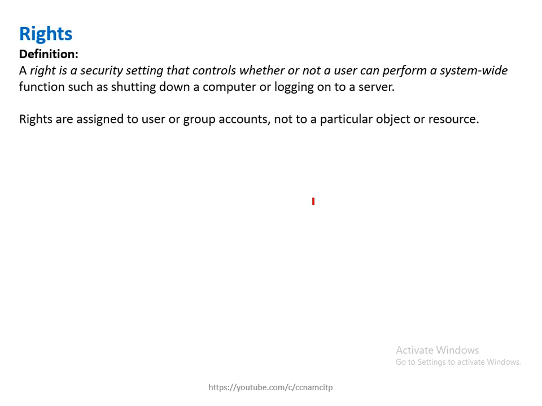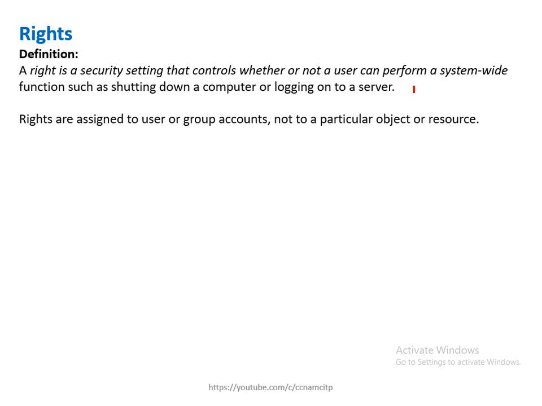So guys, rights is nothing but a security setting that controls whether or not a user can perform a system-wide function, such as shutting down a computer or logging on to a computer or server. That is known as rights. It is just a setting that controls what he can do or what he cannot do on a computer or system-wide functions.